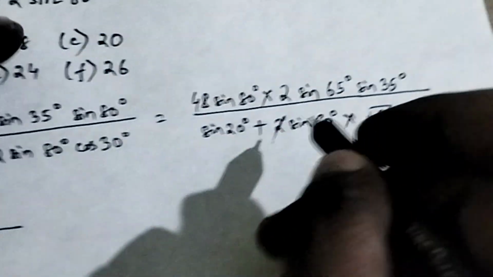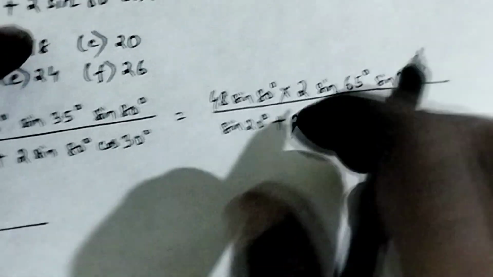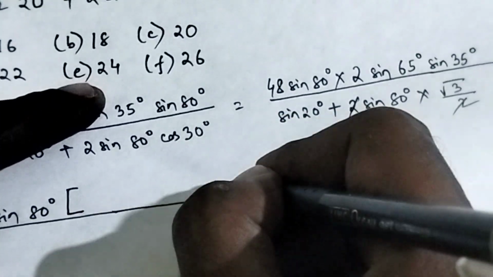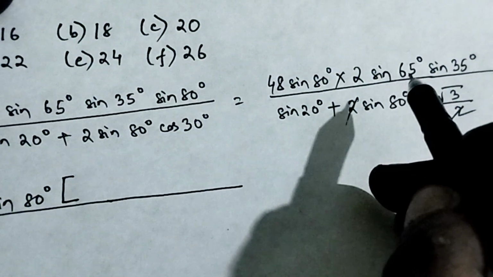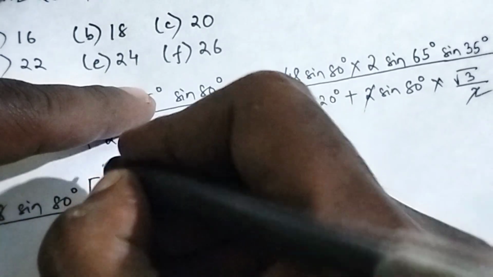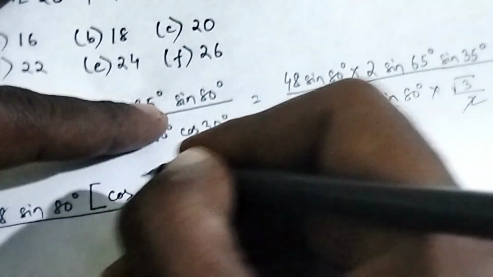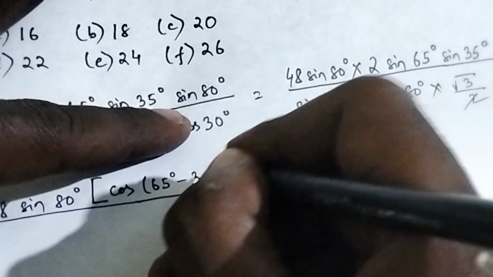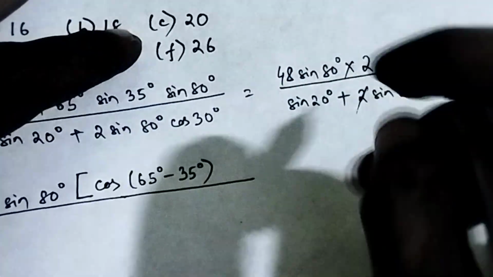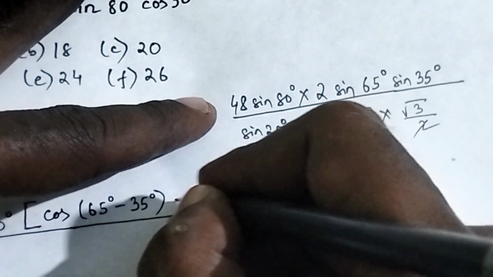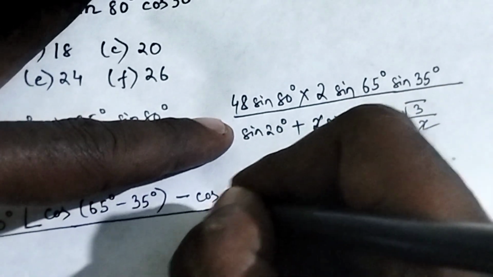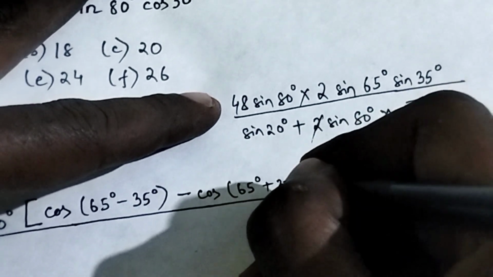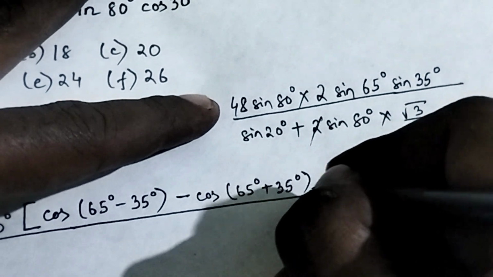Now what is the formula of 2 sine A sine B? We'll apply this formula. Formula of 2 sine A sine B is cos(A minus B) minus cos(A plus B). That means 65 degree minus 35 degree, minus cos of 65 degree plus 35 degree.